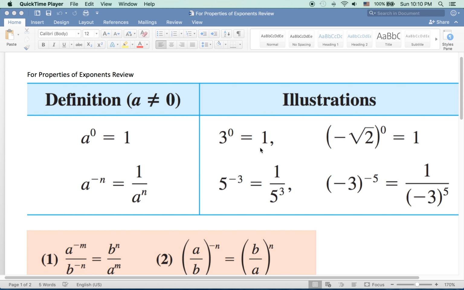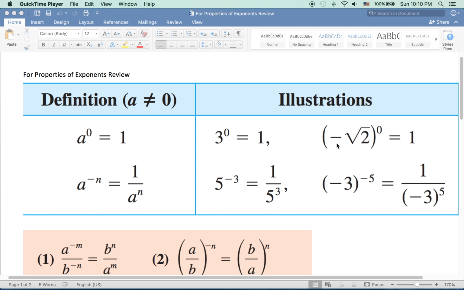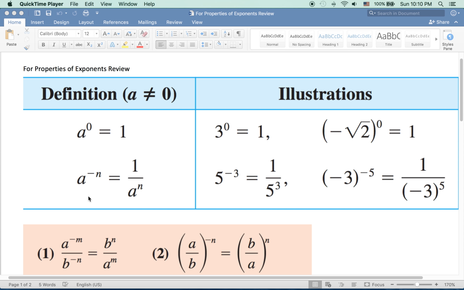3 to the 0th power, it's 1. Negative square root of 2 to the 0th power, it's 1. So what does negative exponentiation mean? Well, here we have a to the negative n equals 1 divided by a to the n.